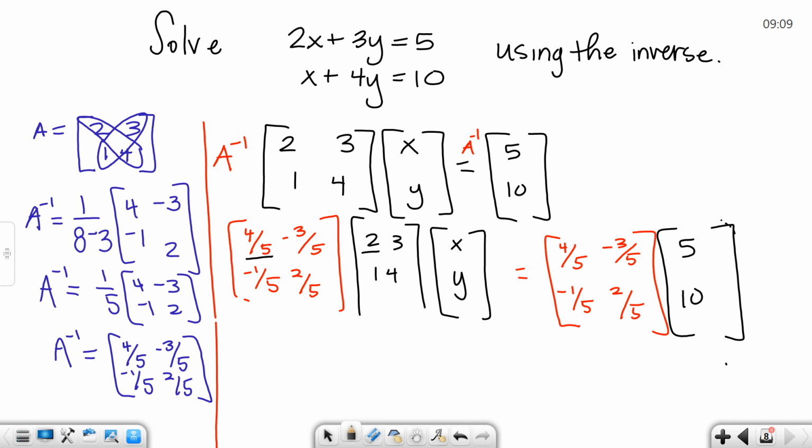Okay, so this would be 8/5, and then remember we're multiplying down, minus 3/5. So 8/5 minus 3/5 would be 5/5, which is 1. Okay, so then we'll go across. That's 12/5 minus 12/5, so that's 0. Row 2. That's a negative 2/5 here, plus 2/5, so that's 0.